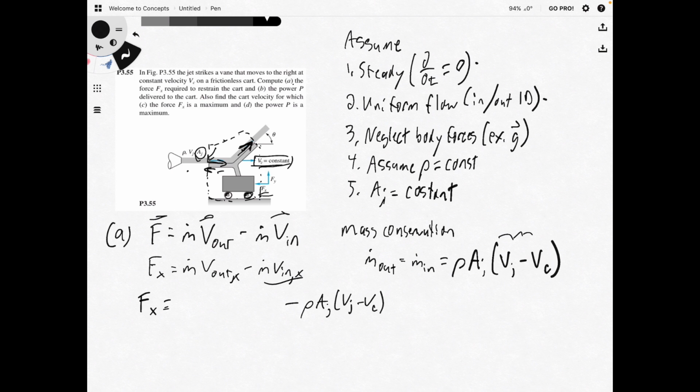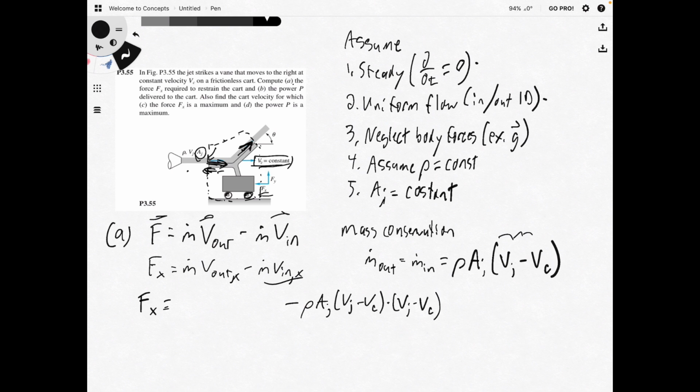That's just m dot, times, and now this is V in. Remember, we're in a moving control volume here. This is V in relative to the motion of the control volume, and that's just going to be the velocity of the jet minus the velocity of the cart, Vj minus Vc.